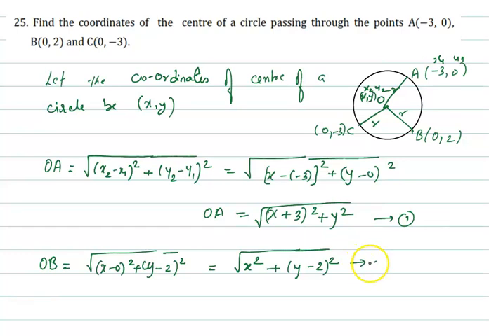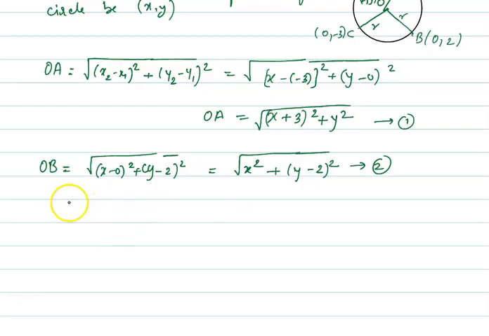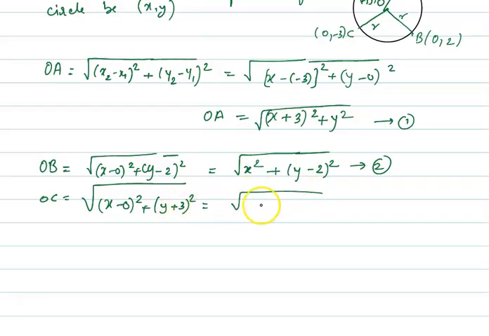We will see after cancelling that square root, after equating the equation we will do simplification. Similarly I am going to find out OC. OC is also equal to x minus 0 whole square plus y minus of minus, that is plus 3 whole square. That is also equal to x square plus y plus 3 whole square.